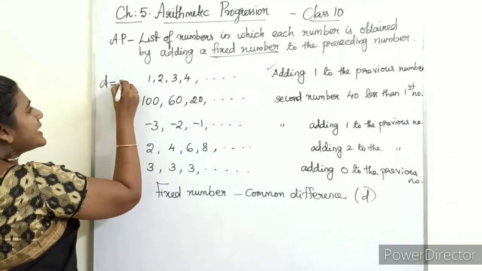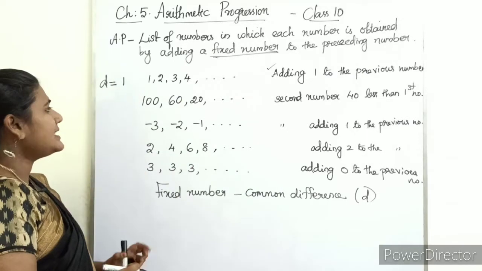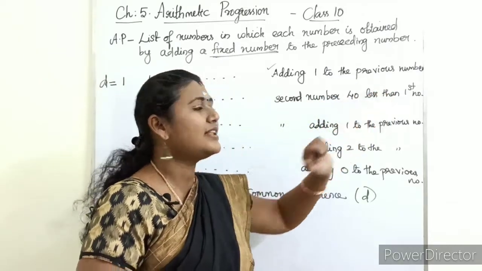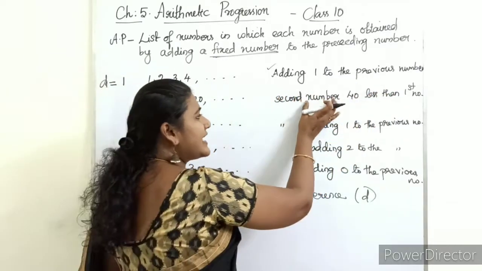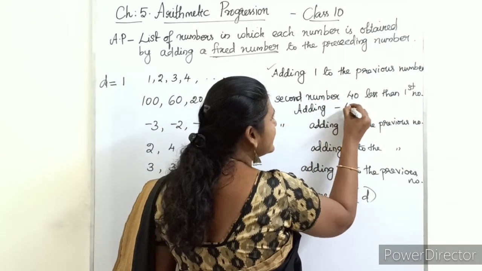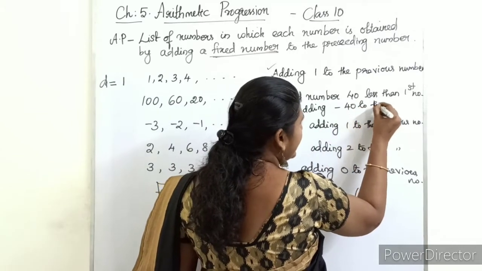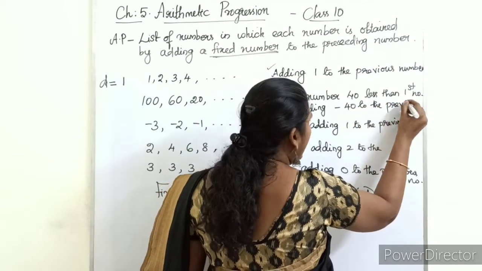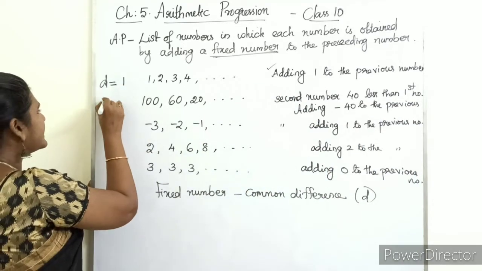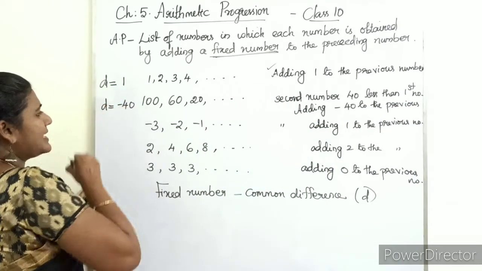So d is equal to 1 here. In the second example, the second number is 40 less than the first number, or we can say this in other words, adding minus 40 to the previous number. Here the fixed number d is equal to minus 40.